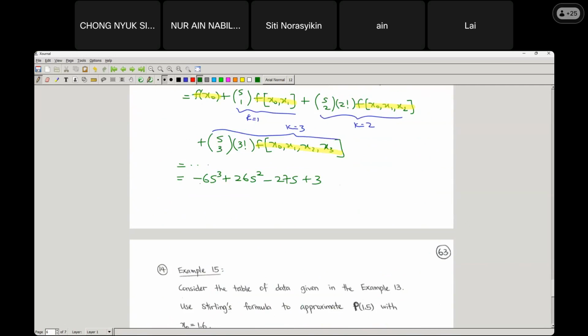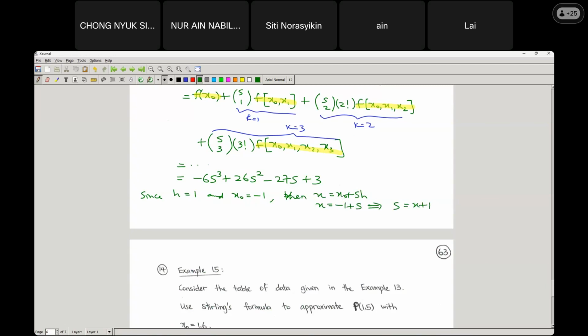Since we have h equal to 1 and our x0 is equal to -1, we know that x is equal to x0 plus sh. So x is equal to -1 plus s times 1. So what is s? From here, I know that s is equal to x plus 1.